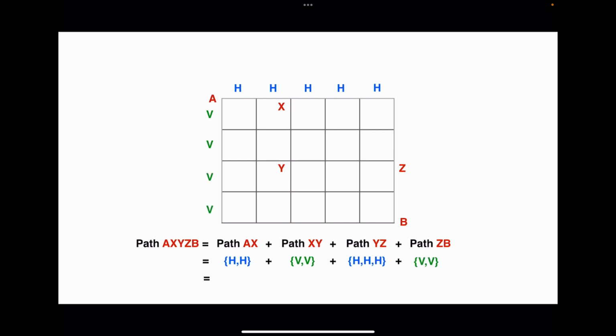And if we rearrange what we arrived at just now, we get 5 horizontal steps and 4 vertical steps, which, if you recall before, is the same as path ACB.